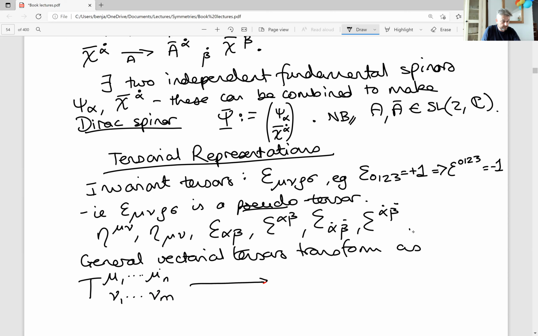So under a Lorentz transformation, for all of the upstairs, the contravariant indices, remember, we define that to give us a lambda, just an element of the Lorentz group. And for all of the downstairs, the covariant indices, these give us a lambda to the -1.